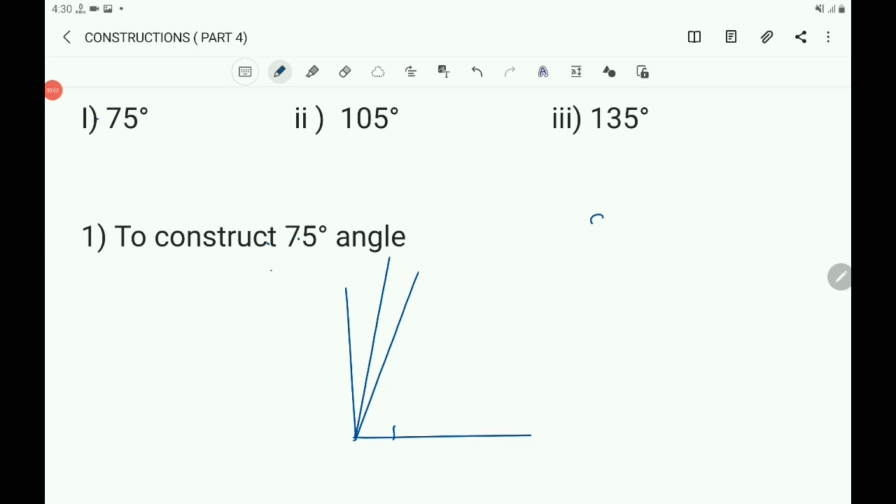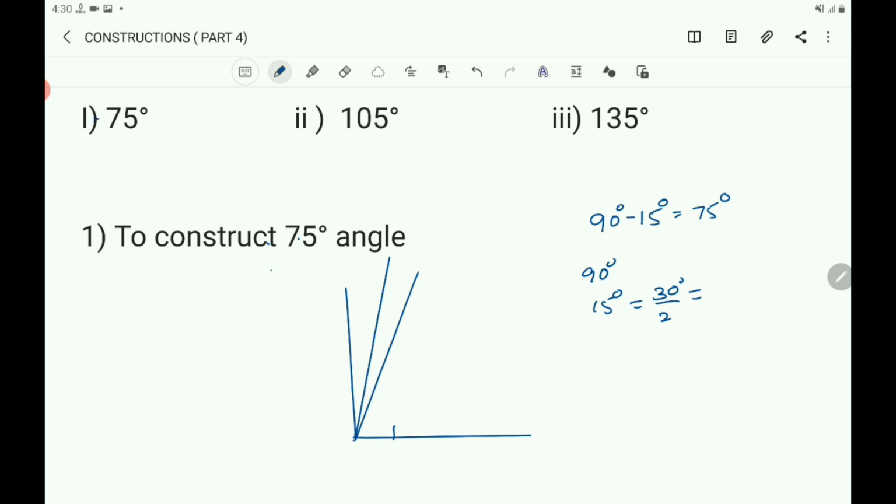You know that 90 degree minus 15 degree is equals to 75 degree. So here you need 90 degree angle, and also here 15 degree is half of 30 degree, and 30 degree is half of 60 degree.